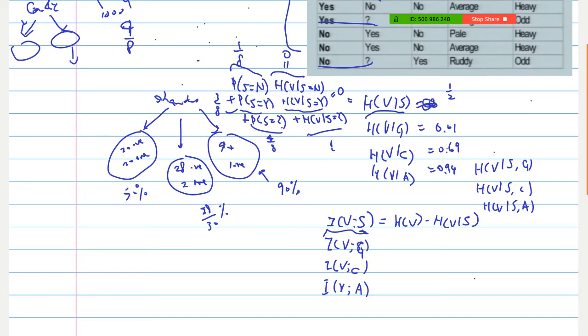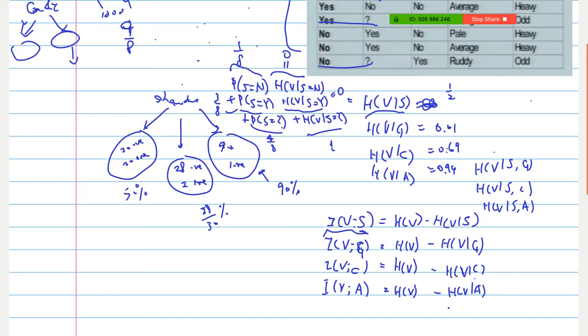Yes, it will be the same, because this is equal to H(V) minus H(V|C), and H(V) minus H(V|A).